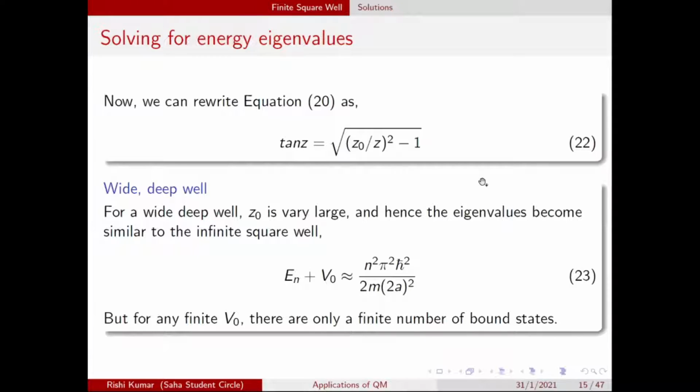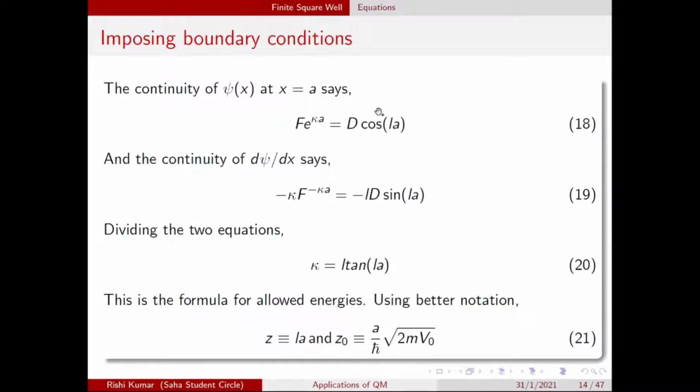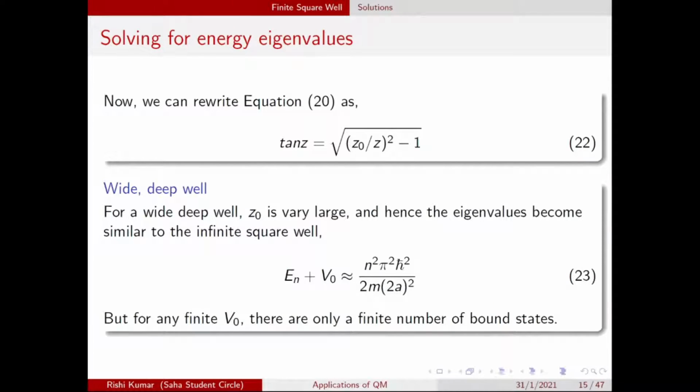One more thing we need to note here is why we put D cos(la) here and not D sin(la): right here we are looking at only the odd cases. The even cases also do exist, but I'm not going to go into that for this case alone.